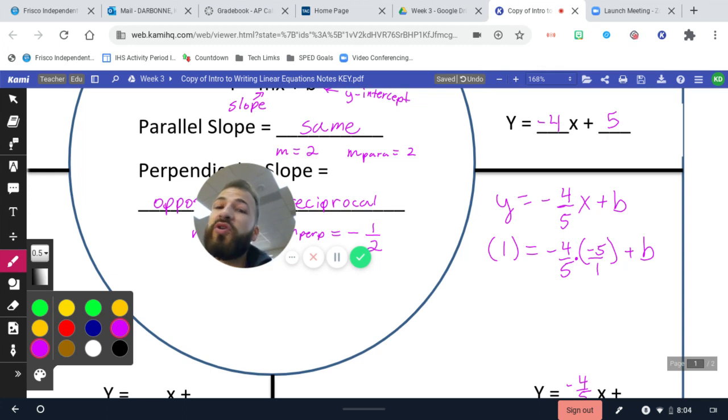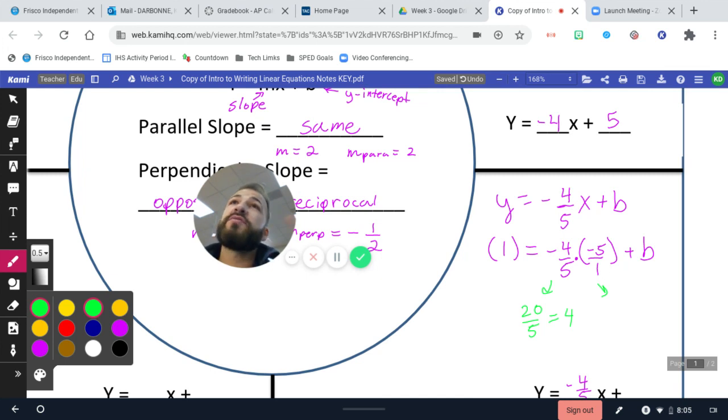So if I wanted to multiply the fractions across, that would give me positive 20 over 5, which 5 goes into 20 4 times. What I can also notice is that 5 and -5 are in that opposite position in the fraction.